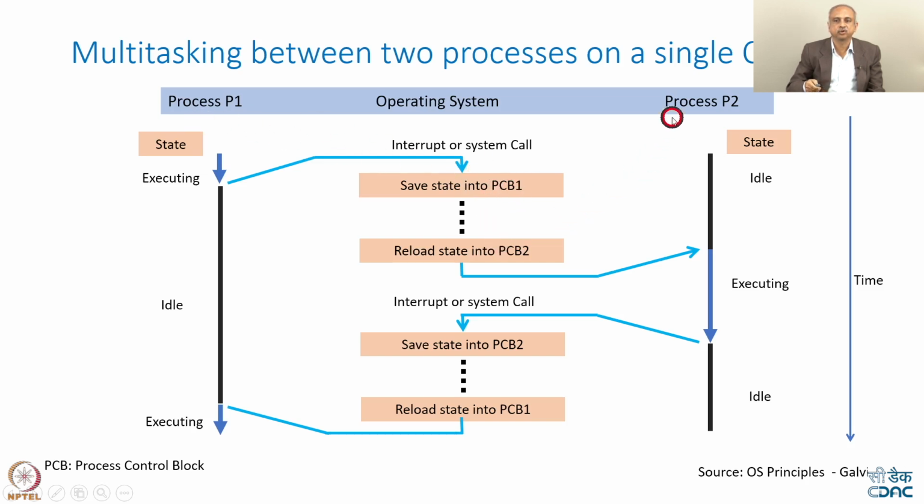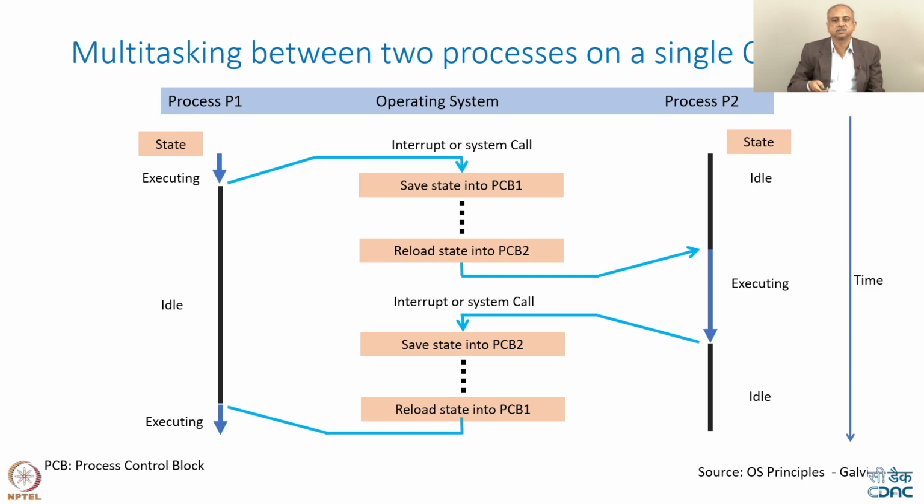Now, it has to load process 2, which is currently in idle state. So, what does it do? It will load the state which was saved earlier in process control block 2 of process 2, and that will start running. Now, here process 2 is running, it is in execution mode. Then again it gets an interrupt, time slice over or a system call. It will save the state of process 2 in process control block 2 and it will reload the state of process 1 from process control block 1, and process 1 will start executing.